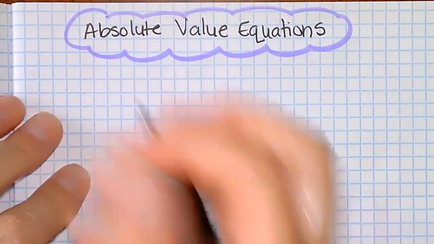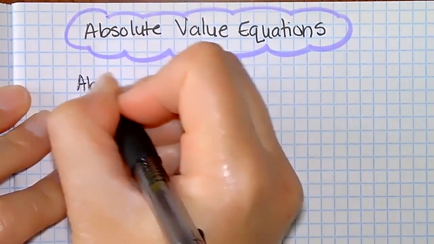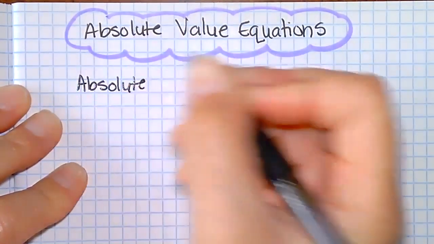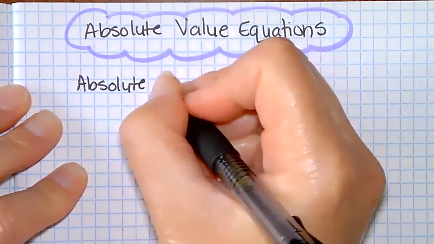Okay, so we're going to start out with the definition of absolute value. Absolute value is how far a number is from zero.